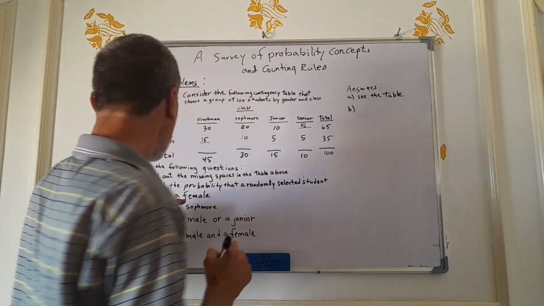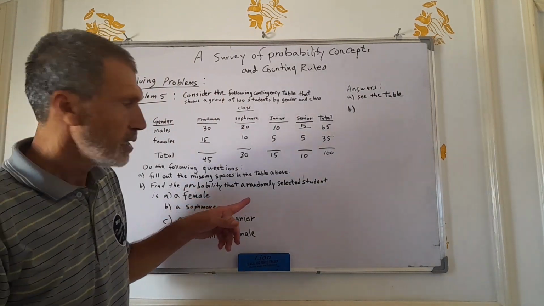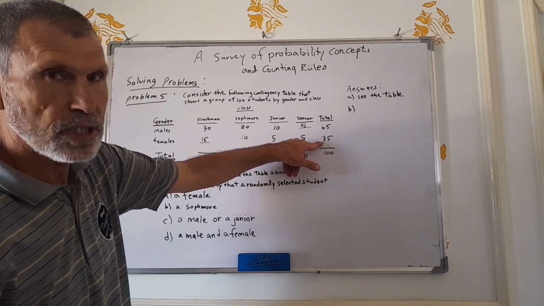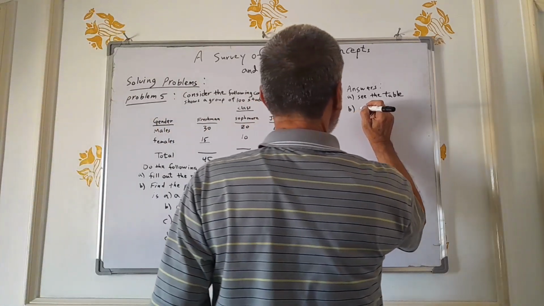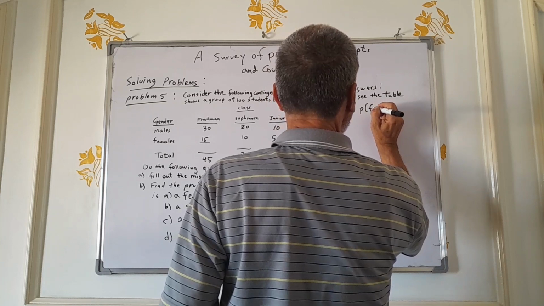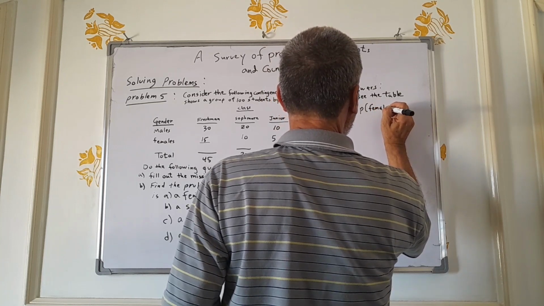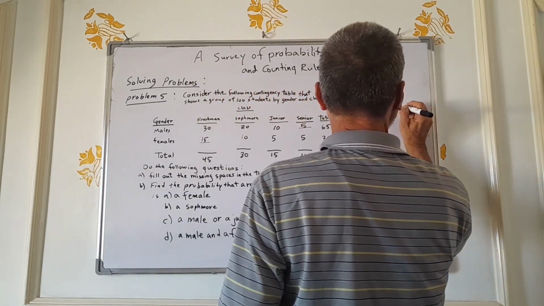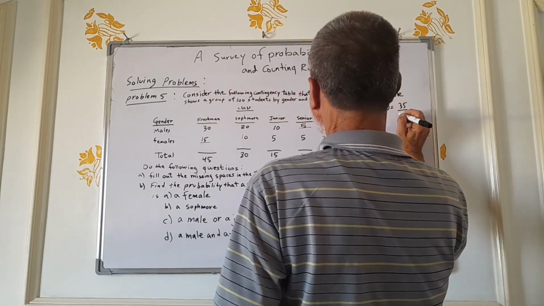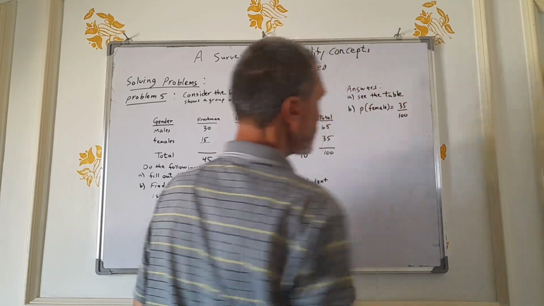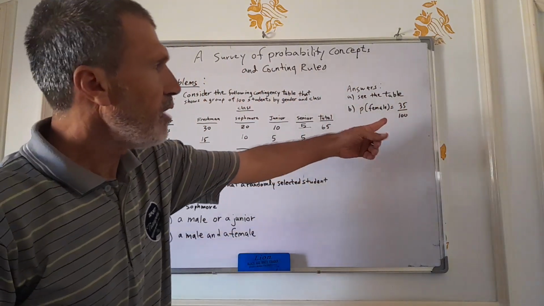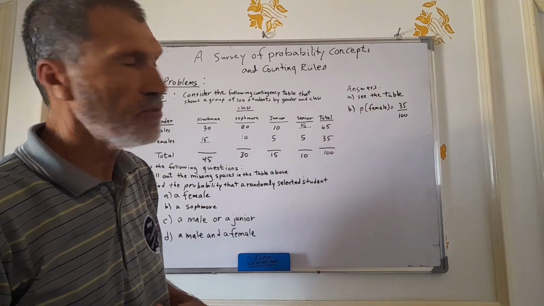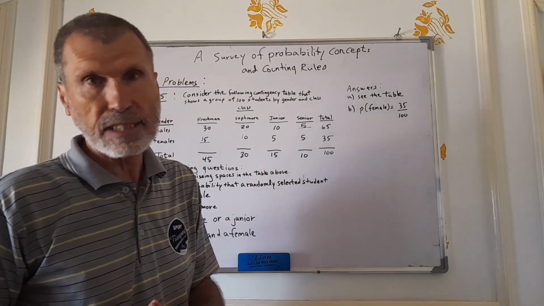The total is 100. So the probability of female is equal to 35 over 100. We leave it as a fraction because it is valid to leave the probability as either a fraction or a decimal.